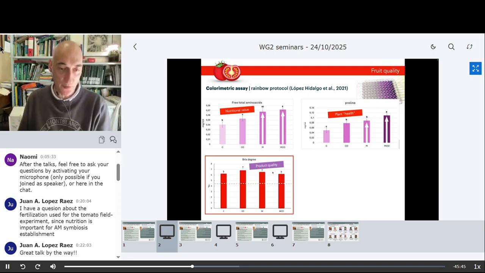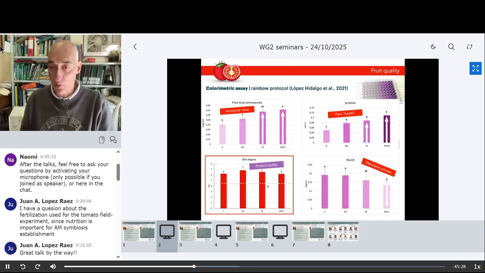There are significant differences, but all of the four conditions are well above the 4.5 threshold, which is what is required by law for using tomato for this production. So that was okay.